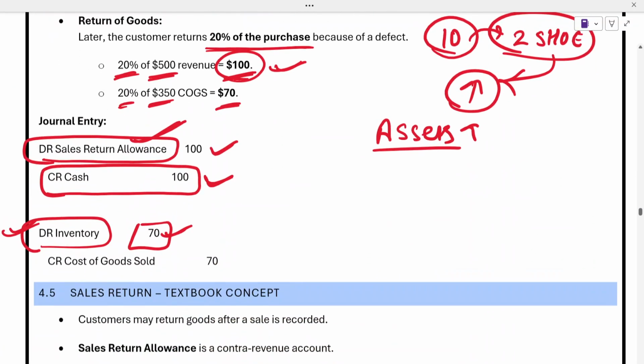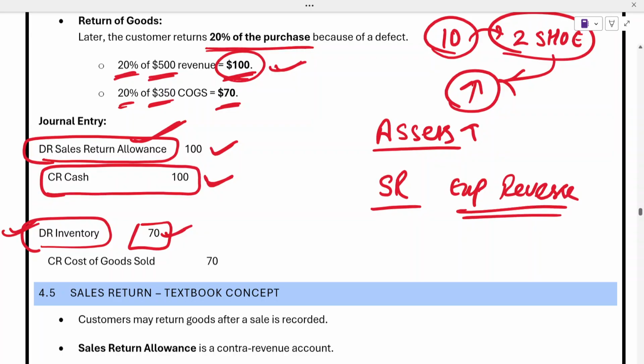Now, when you get the sales return, it means your expenses are getting reversed, because those expenses have not been incurred on that sale. So you will reverse it by crediting cost of goods sold by this $70, because this $70 specifically belongs to the returned goods.